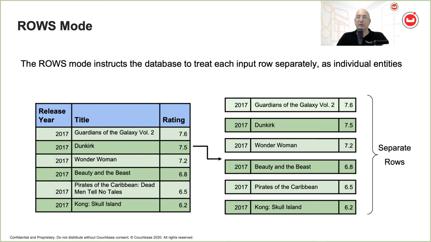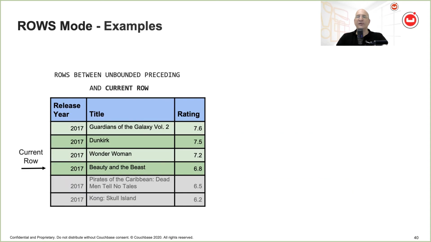The first mode we'll explore is the rows mode. The rows mode instructs the database to treat each input row separately as individual entities. Couchbase iterates over all the documents of the set, document by document.